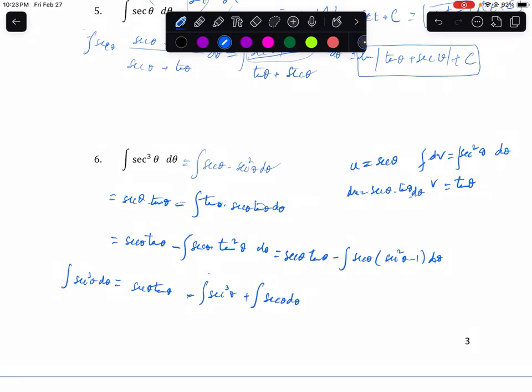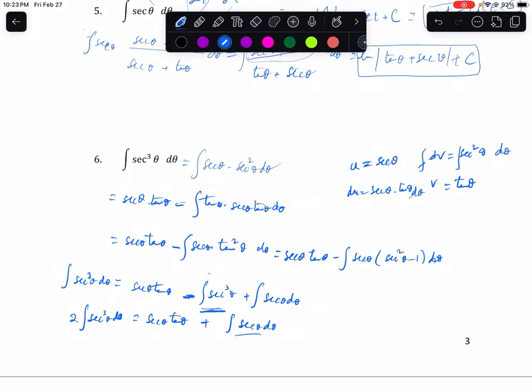Now, on the left hand side we have the integral of secant cube theta, and we have the same over here with a negative sign. So we add this quantity to both sides, ending up with 2 times the integral of secant cube theta d theta equal to secant theta tangent theta plus the integral of secant theta d theta. But the integral of secant theta d theta we already found up there.